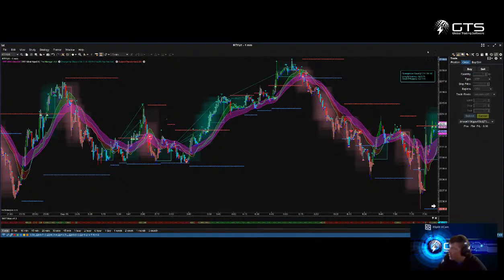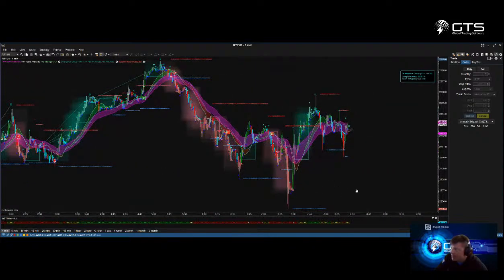And this is RTY: 22.19 for the overnight high, 22.05 for the overnight low. It's not really a huge range, but it's decent. And then we'll do the same thing with ES.